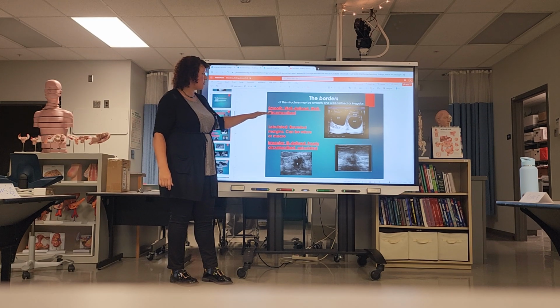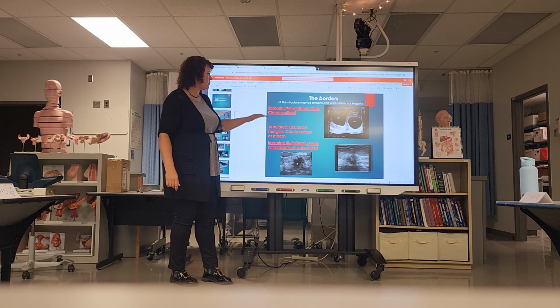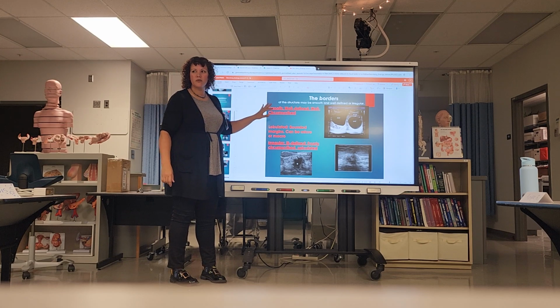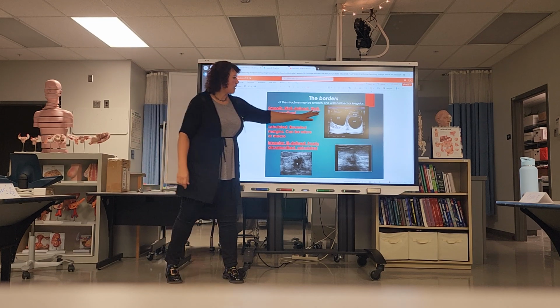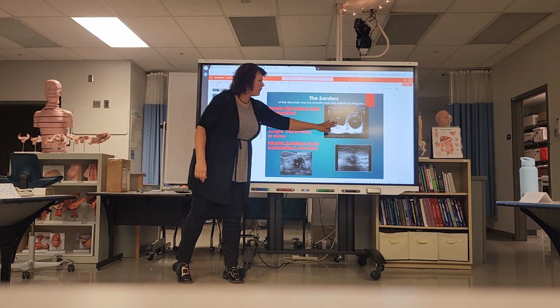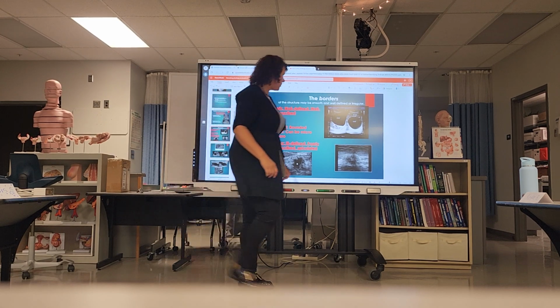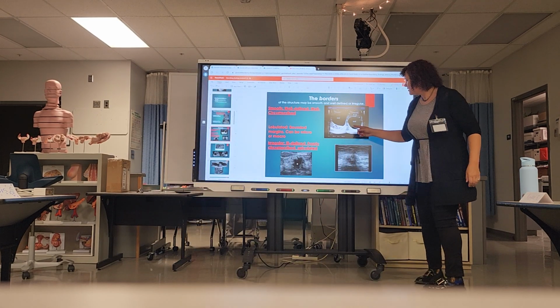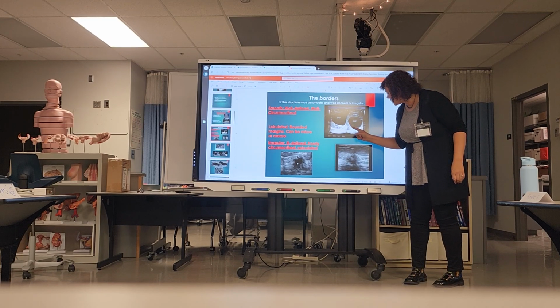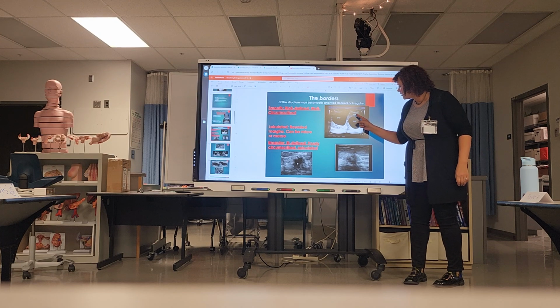These are words that we'll use interchangeably: smooth, well defined, or well circumscribed. Those are all terms that are going to describe a normal, well visualized border. If you can see here, this is another kidney cyst, and we have an echogenic wall around it. Do you see that?